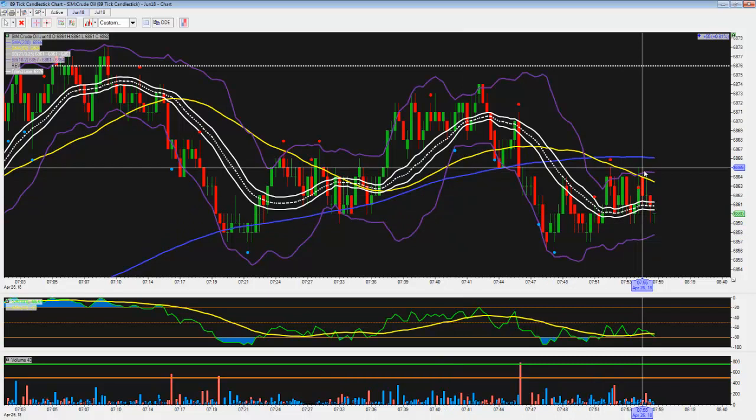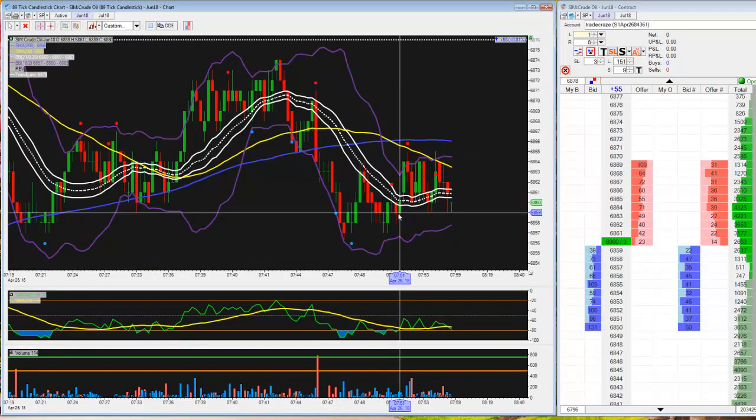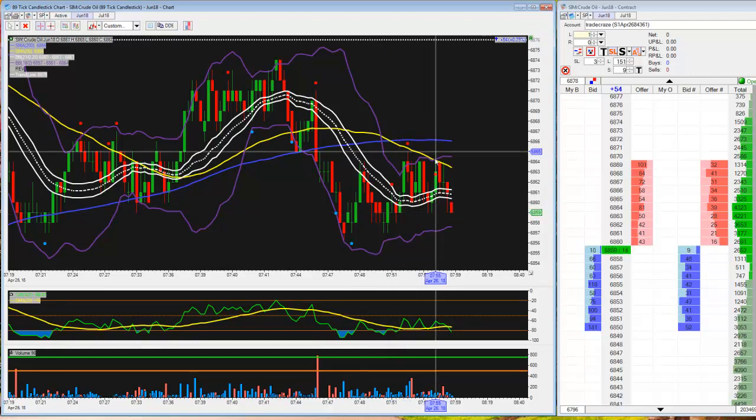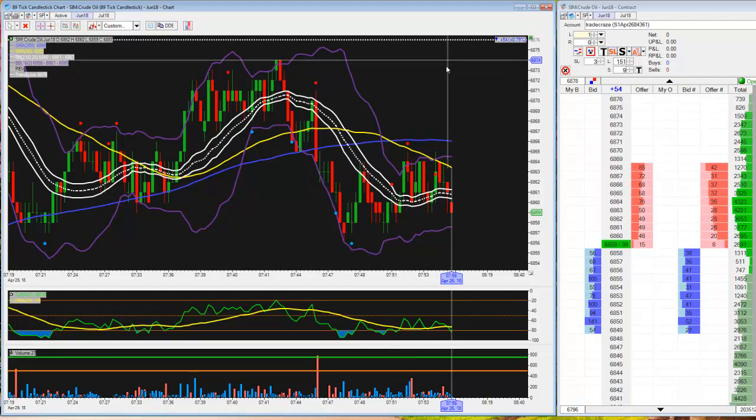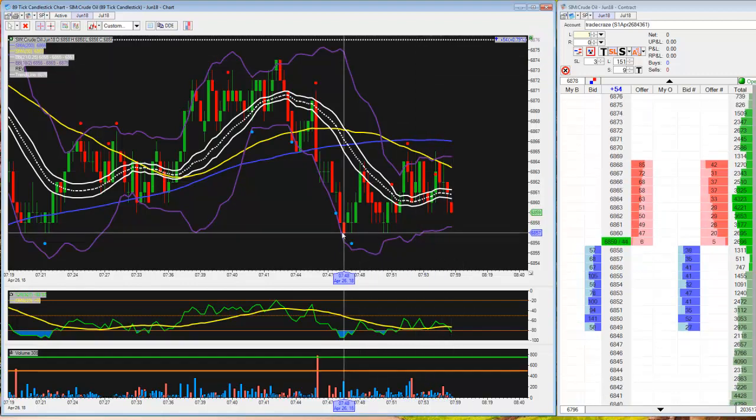This is historically what I'd like to do, is set up. I think that we might sell off quickly in the morning, or we might go up. It's hard to tell what's going to happen.